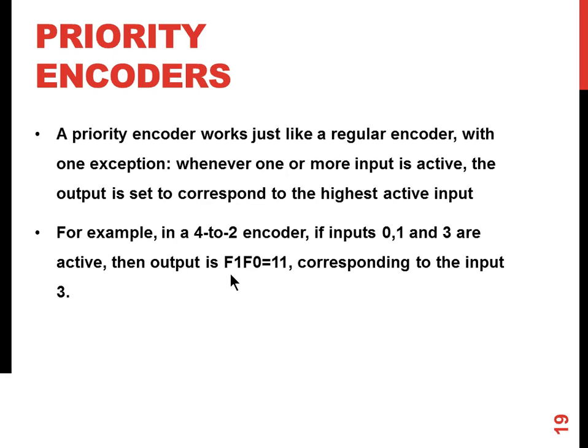Later on, when I1 becomes deactivated, then I5 will be considered, assuming no other higher priority input is high at that time, because I5 has a lower priority compared to I1. So we can have more than one input high at a time, and depending on the priority assigned to the inputs, your output will be based on that priority.